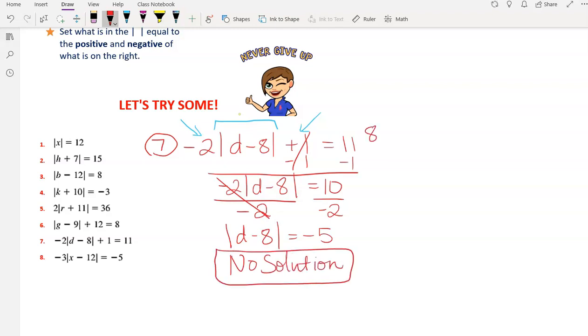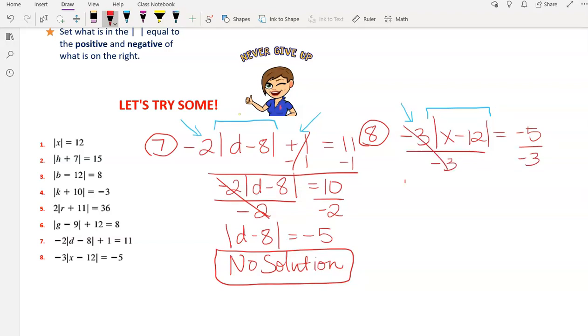Okay, number 8. Negative 3 times the absolute value of x minus 12 is equal to negative 5. We have to isolate what is in the absolute value bars, which means the negative 3 has to be carried to the other side. So I'm going to divide by negative 3. I now have the absolute value of x minus 12 is equal to 5/3.